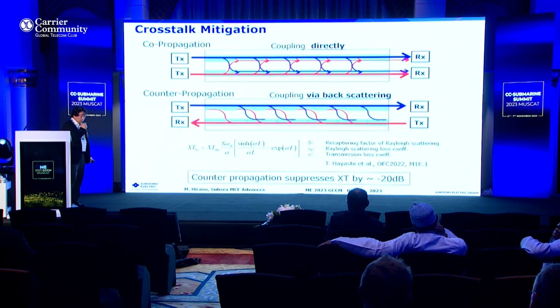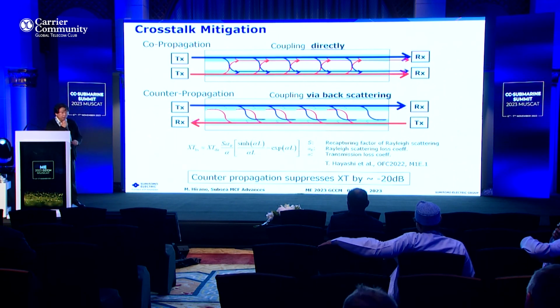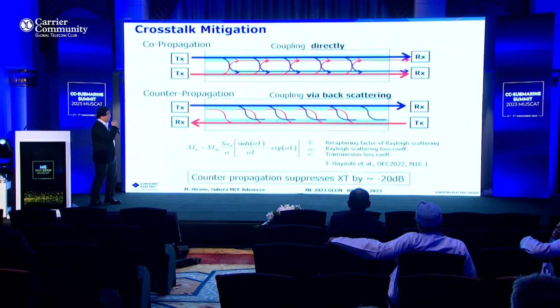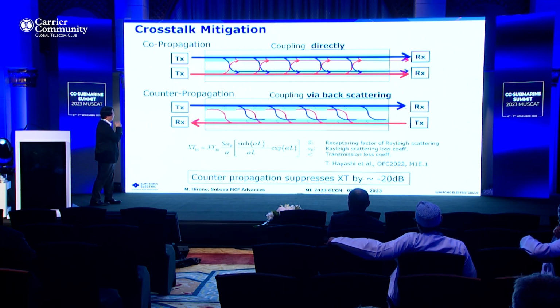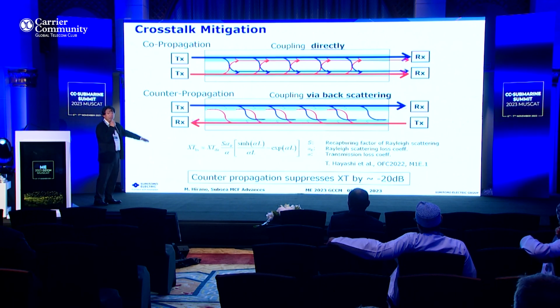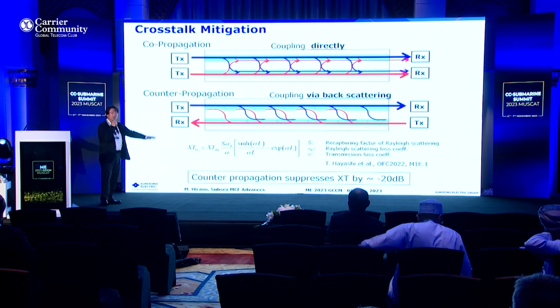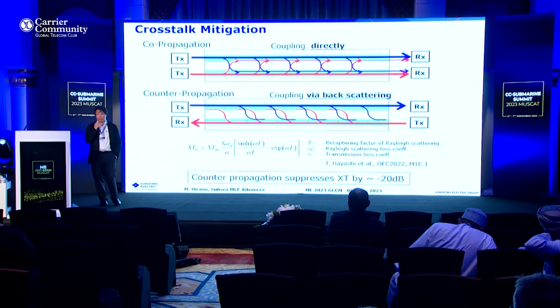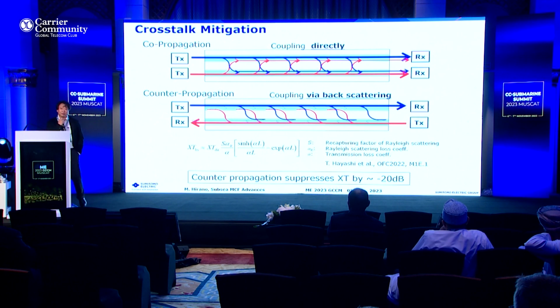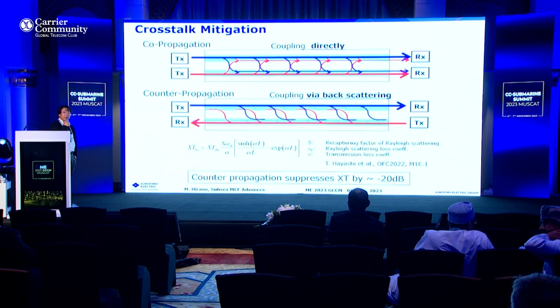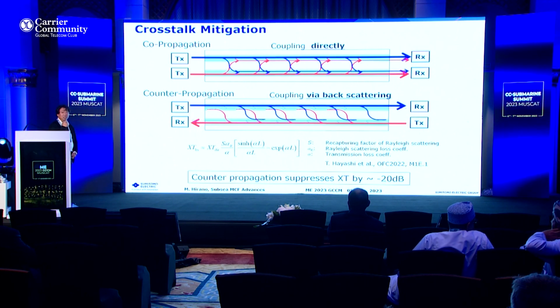Okay. If my understanding is correct, the question is whether there is any crosstalk or performance degradation from the coupling effect, because the power is lost. The answer is negligibly small. With counter-propagation, the coupling efficiency is less than minus 20 or minus 30 dB.